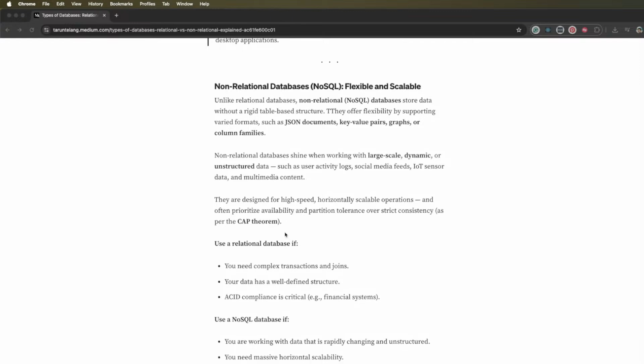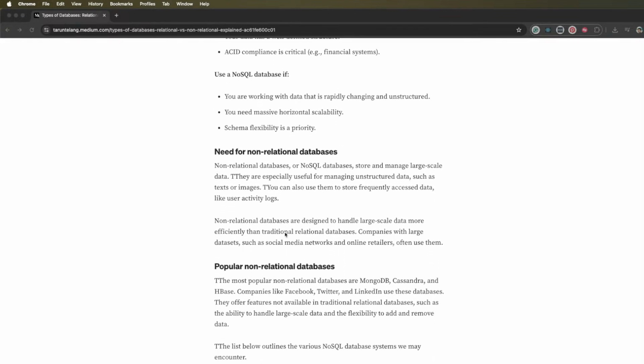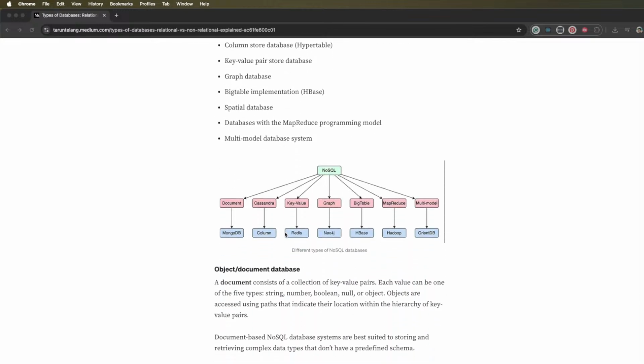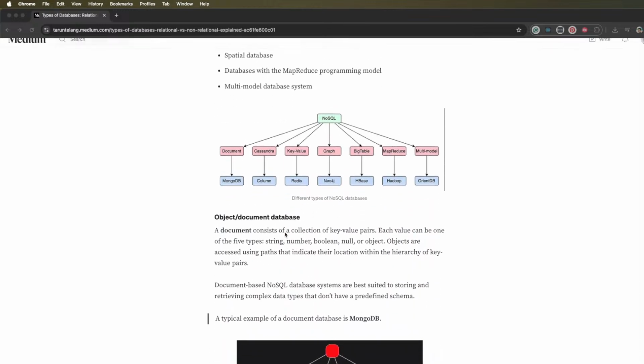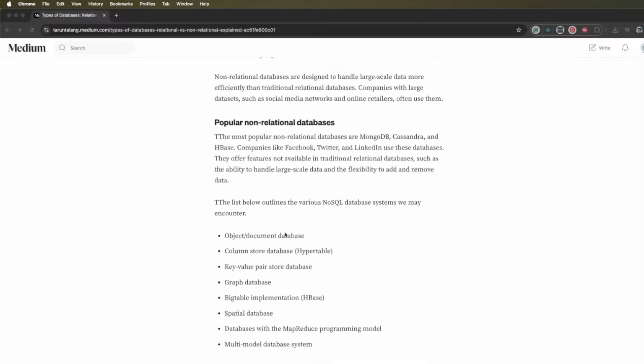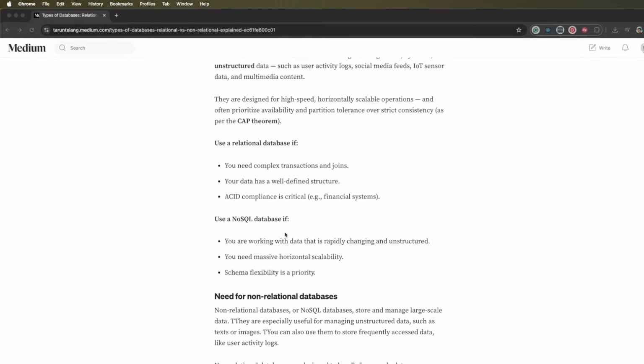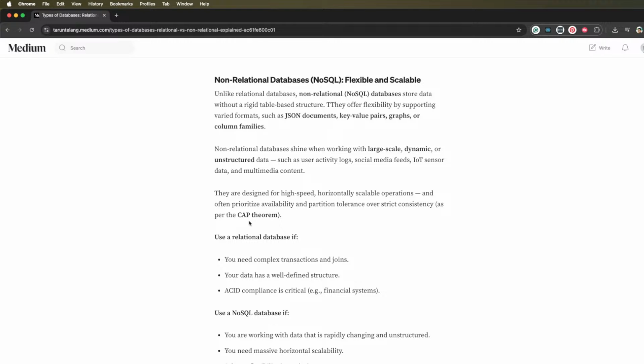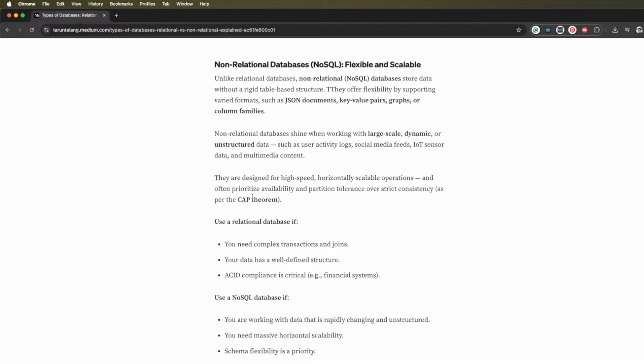Precisely. But there's often a trade-off involved here. What's the catch? It often involves strict consistency, which brings us to something called the CAP theorem. Sounds important. It is. We won't get into all the gory details today, but essentially, it describes the inherent challenges in distributed systems, which many NoSQL databases are. Distributed meaning spread across multiple machines. Exactly.